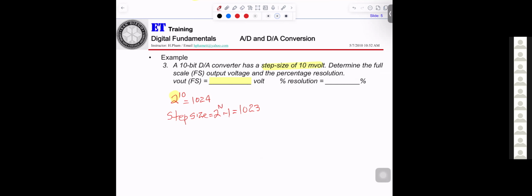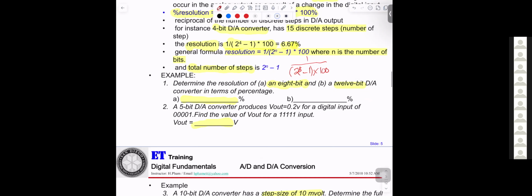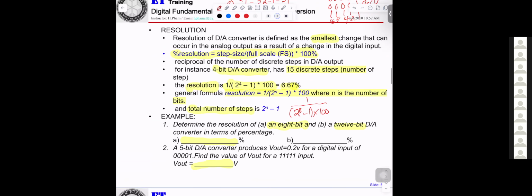I got a question. So for 10, you go 2 power 10, you get 1024. Then you minus 1, you get 1023. Then when you take the reciprocal of that and multiply it times 100, what does that give you? Okay, let's see what formula here.